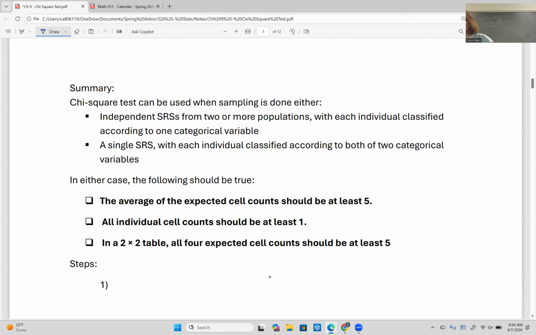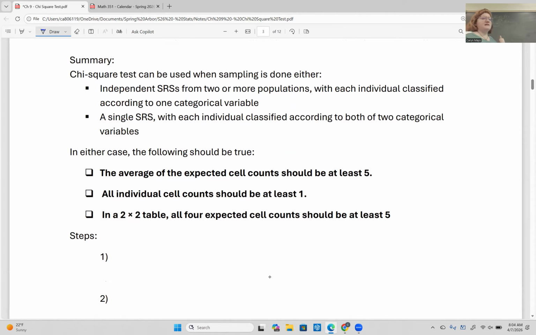In either case, we want the expected cell counts to be at least 5. All individual cell counts should be at least 1. So each individual observed cell count should be at least 1.